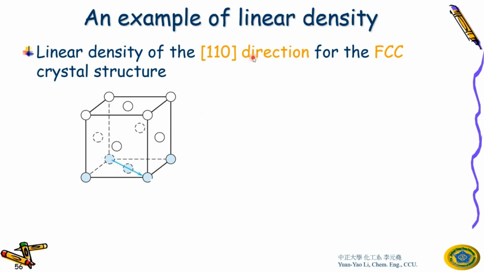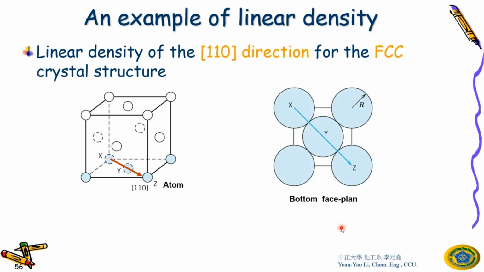Okay, so this is the direction of 1, 1, 1. So let's find out, you have X atom, Y atom, Z atom. Okay, 3 atoms, and this is the direction square bracket 1, 1, 0.